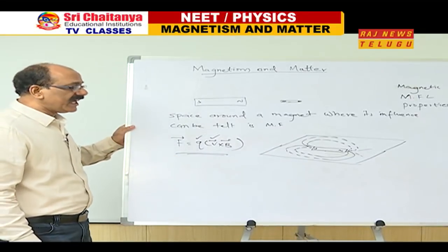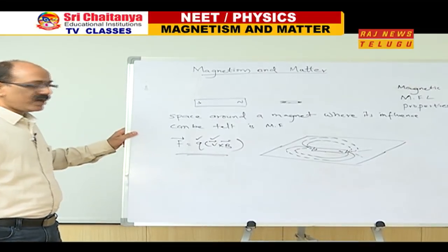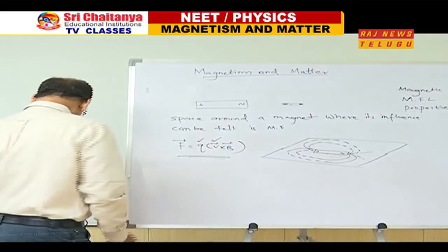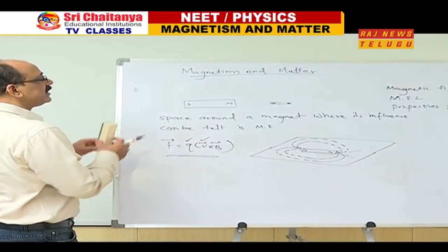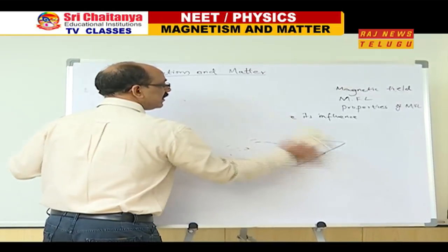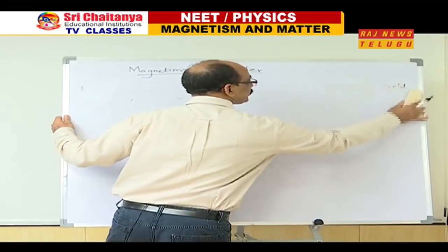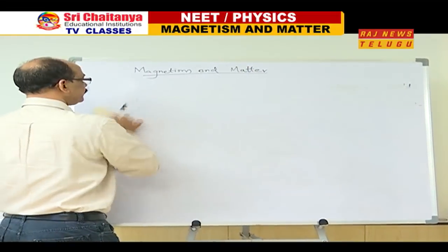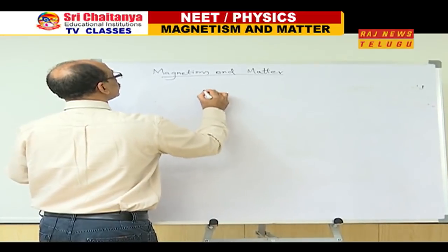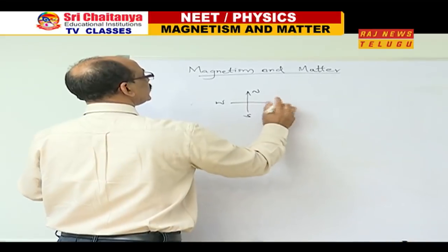These magnetic field lines are imaginary lines. They can be drawn by different methods. The usual method of drawing them is that a bar magnet is first placed along the geographical north-south direction. This is north, south, west, east.